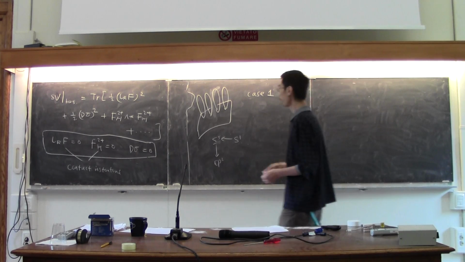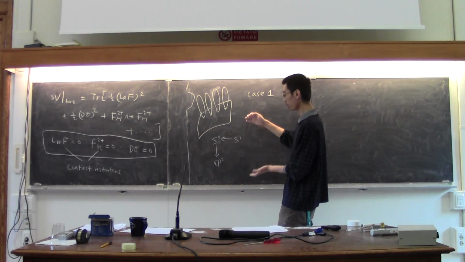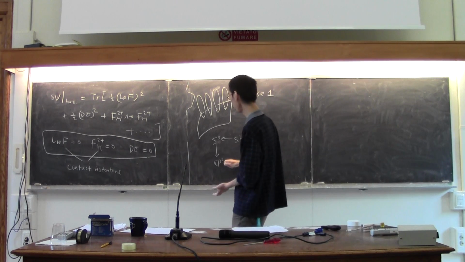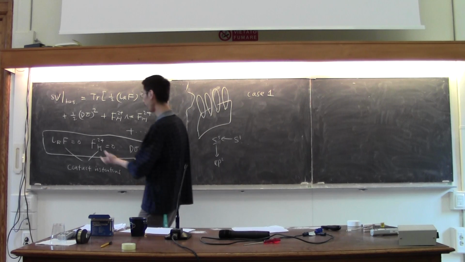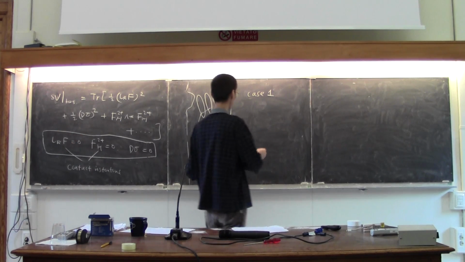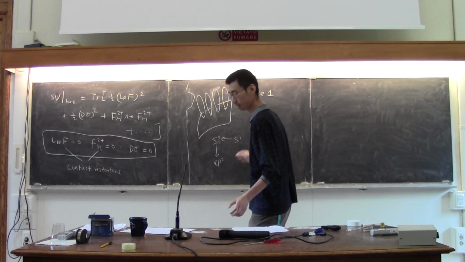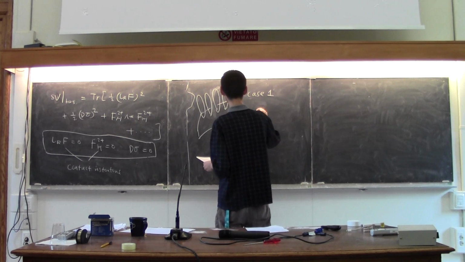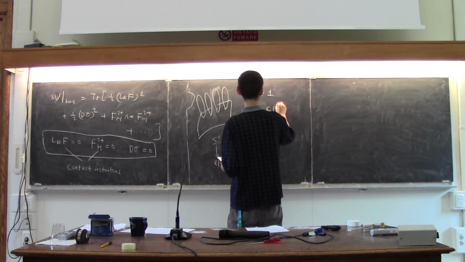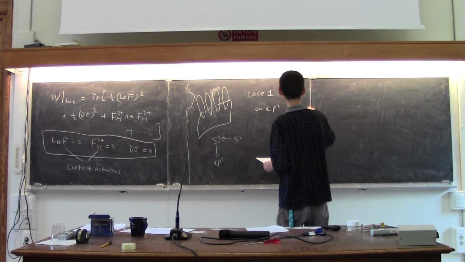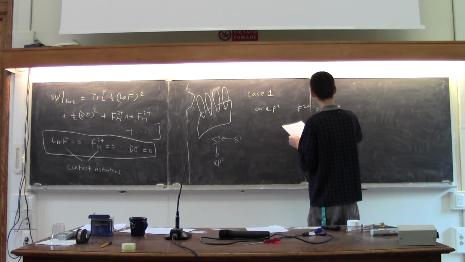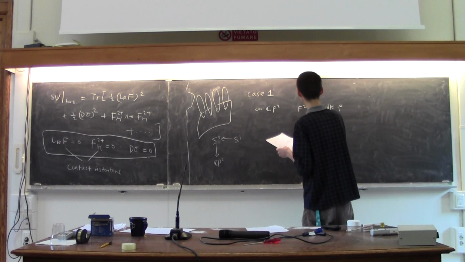Because of this nice structure, you can take a reduction along this U(1) direction and push everything down to the base CP^2. What you get by reducing this set of equations is the following. Now we are on CP^2, and it's F^2+ equal to something involving rho.